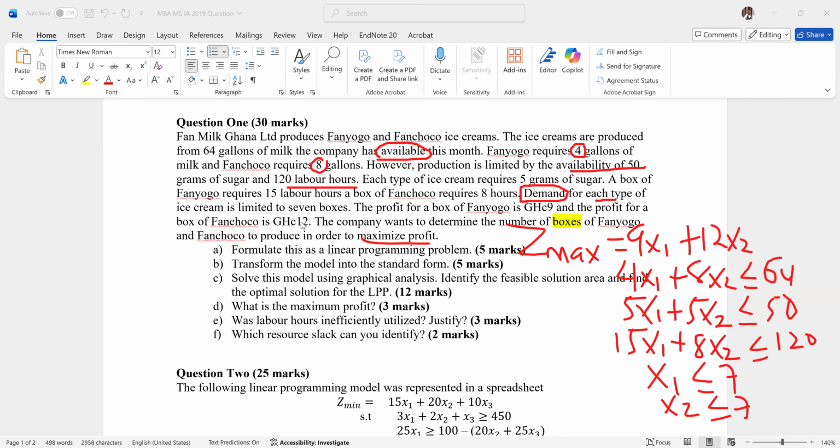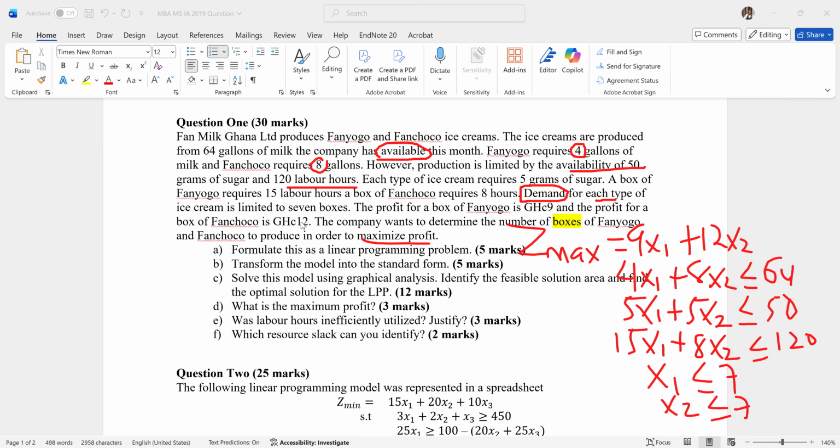Yes, Abubakar. Would it be wrong if you combine x1 plus x2 less than 7? Yes, because the demand for each one of them is different from the demand for both of them. So you can't combine them.